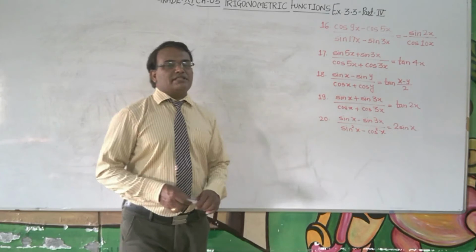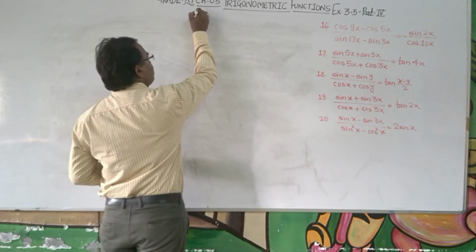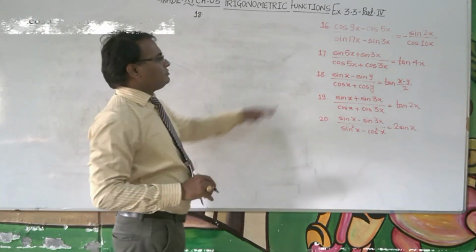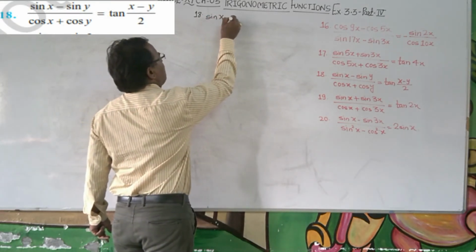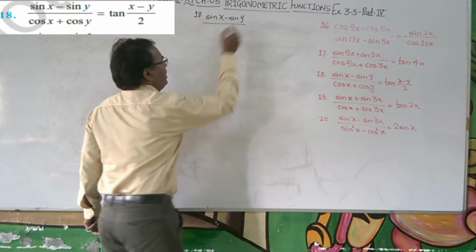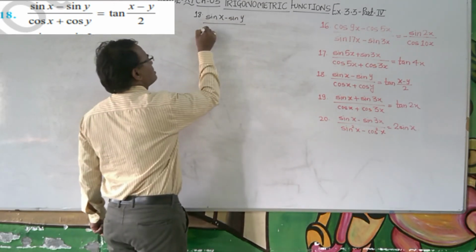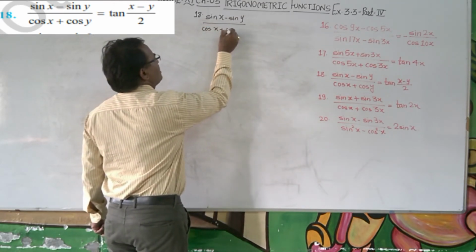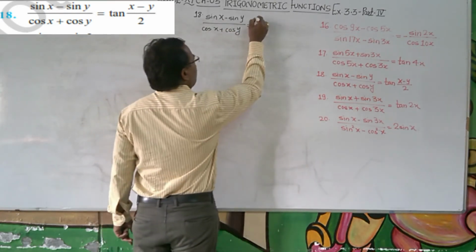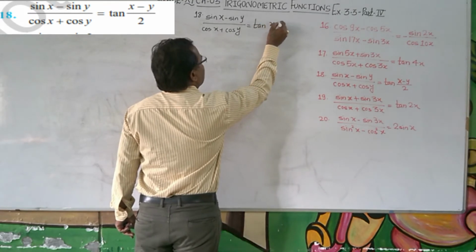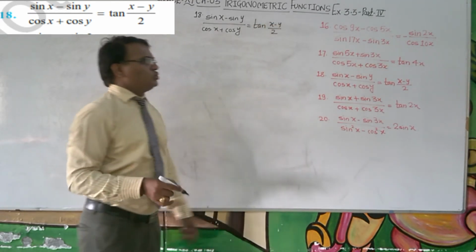Now let's start with sum number 18. The sum is (sin x minus sin y) upon (cos x plus cos y) is equal to tan (x minus y) upon 2.